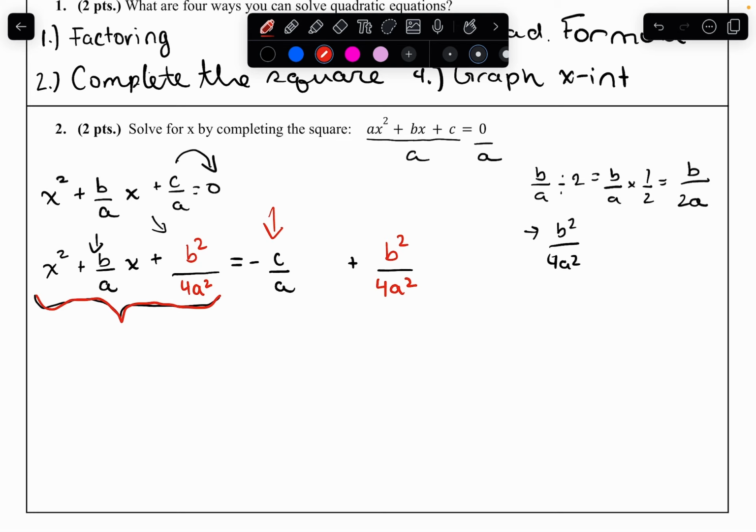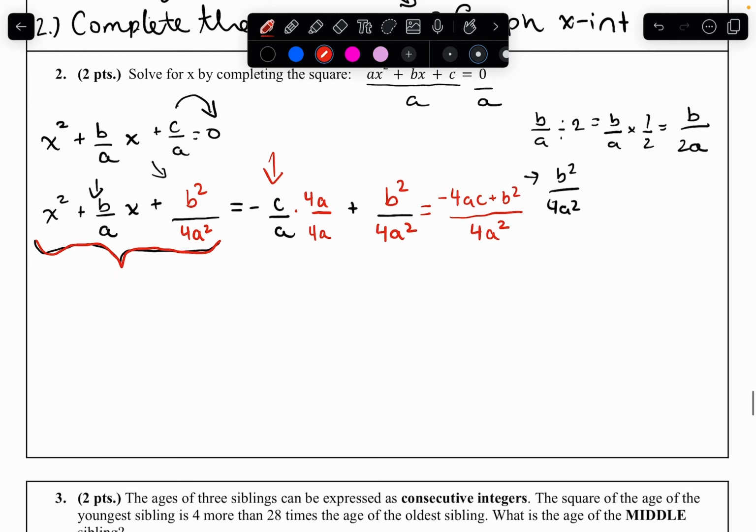I'm going to multiply that first fraction by 4a over 4a, because if I do that, then both denominators are going to be 4a squared. Okay, so negative c times 4a is negative 4ac. And then we have that b squared, and then everything can be written down under 4a squared because they have the same denominator. Okay, cool.